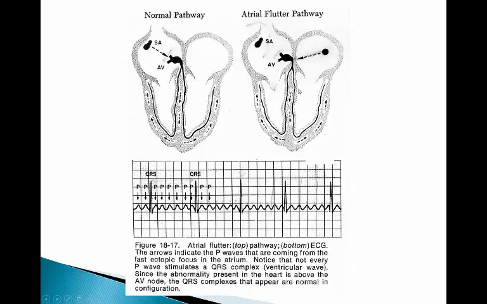Instead of having all these different cardiac cells emitting electrical impulses as in AFib, it's one cardiac cell that is emitting a very fast and a very high amount of impulses. Like I said, 200 to 350 per minute. So each one of these is a P wave, but it's like a nice little saw, like saw teeth. And that is the appearance of atrial flutter.